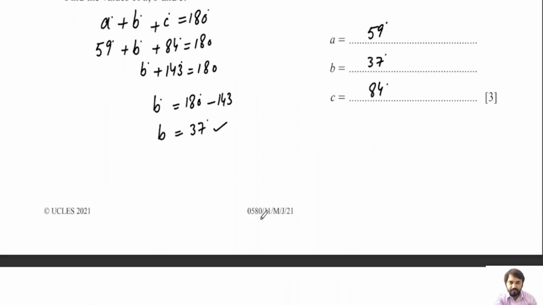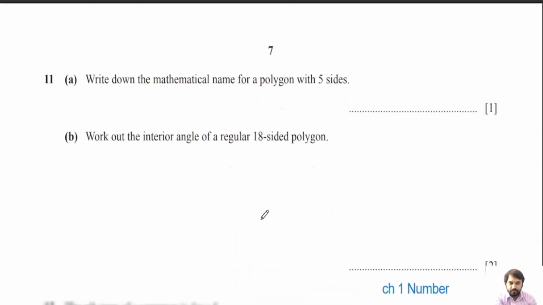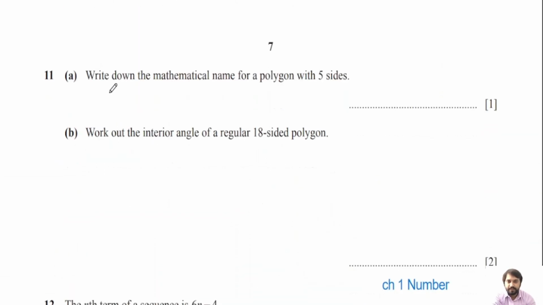Now the next question of this paper is question 11. It says, write down the mathematical name for a polygon with 5 sides. You already know that a figure bounded by 5 sides is known as a pentagon. I'm going to give you some information here.